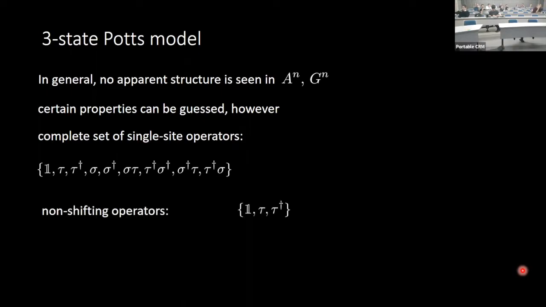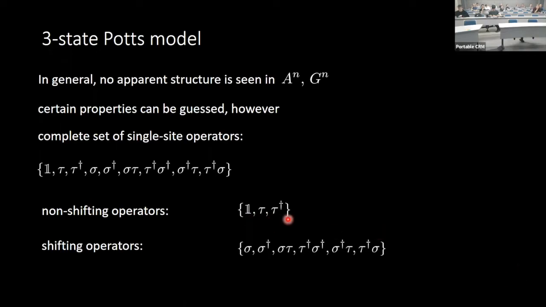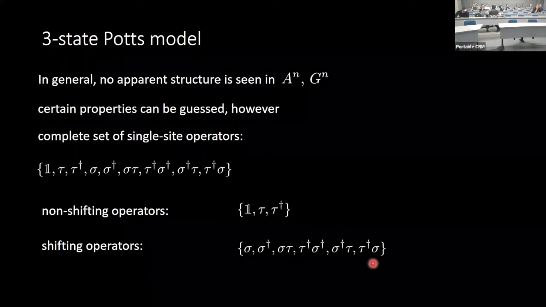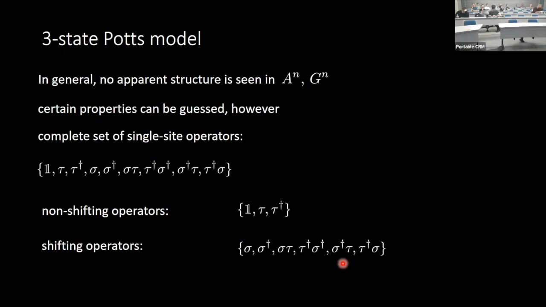It is divided in two subsets: non-shifting operators and shifting operators. The terminology stems from the fact that the non-shifting operators do not change the sigma z projection of the spin, and the shifting ones shift it by 1 in a cyclic way.